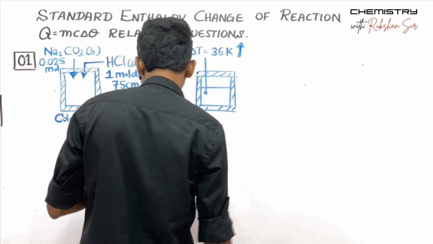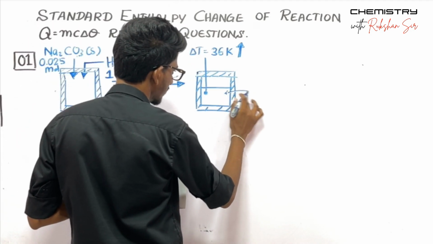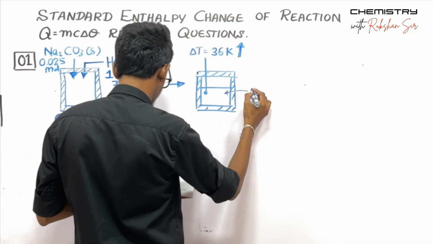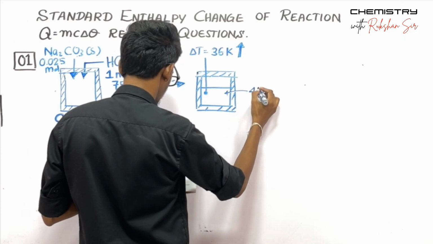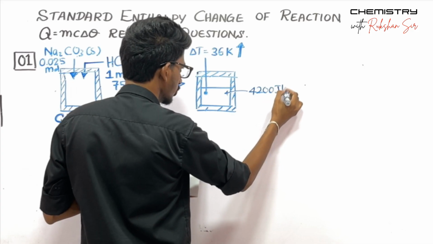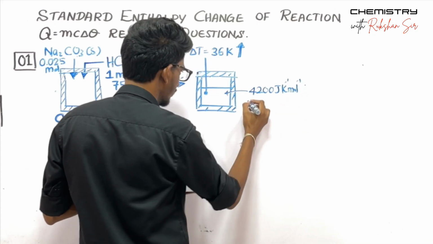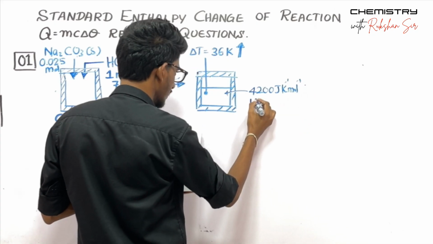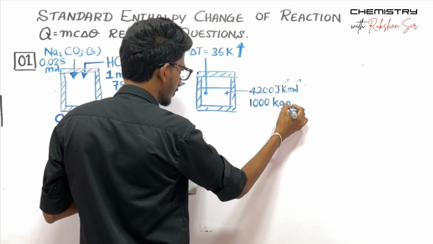The specific heat capacity of water is given for this solution as 4200 joules per Kelvin per kilogram, and the density is also given as 1000 kilograms per meter cubed.